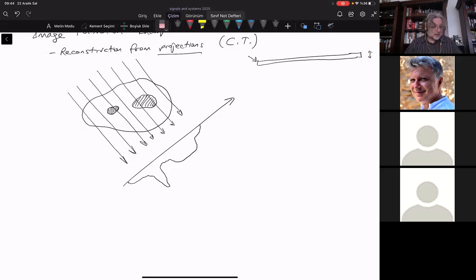So this signal is one signal that we have, which I will denote as g theta of s. So this is the s axis. Okay, so the axis I will assume to be an s axis.